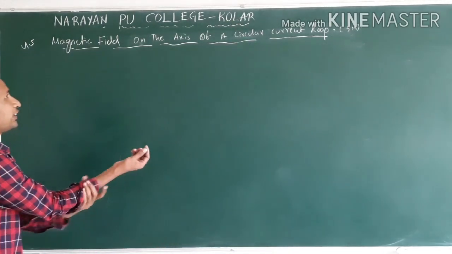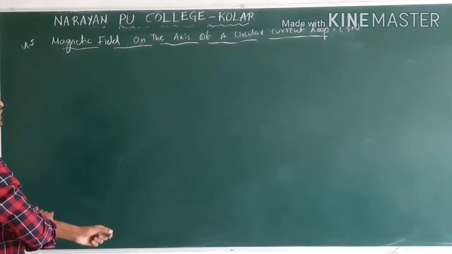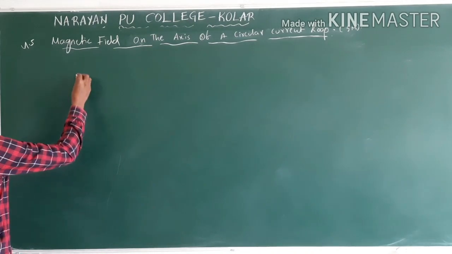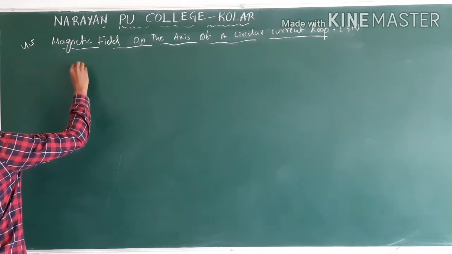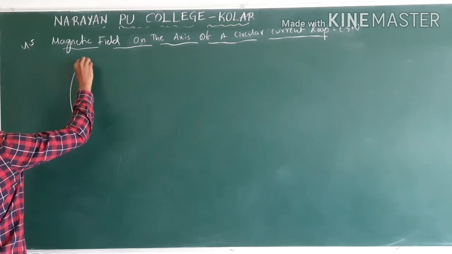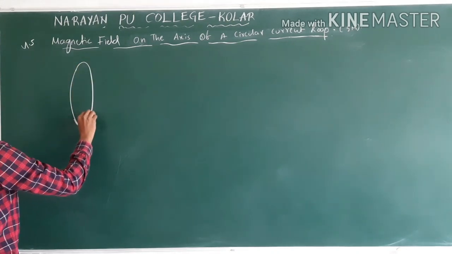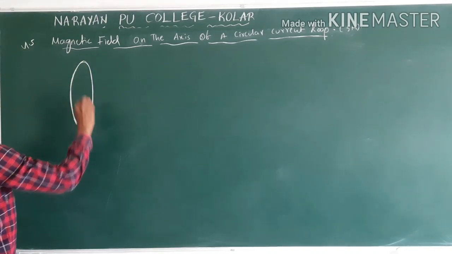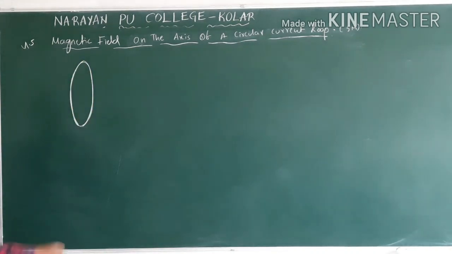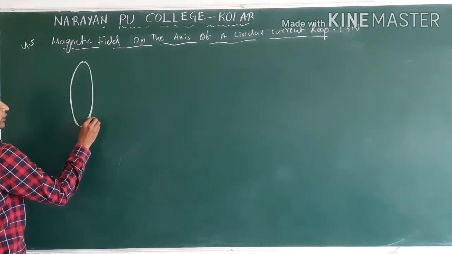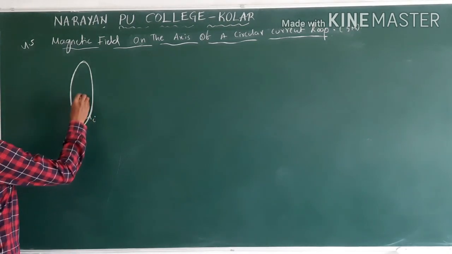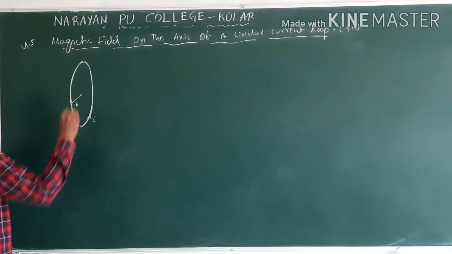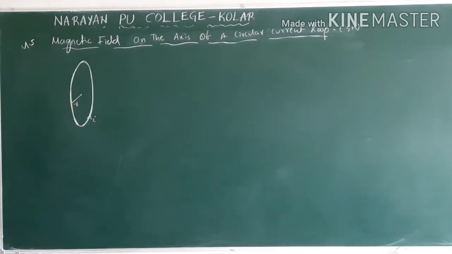Now we are going to find the magnetic field by using Biot-Savart law. Now see the situation here. Take a circular loop which carries current I. Take the radius of the circular loop as small r.